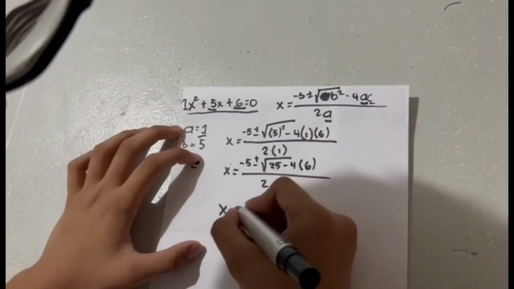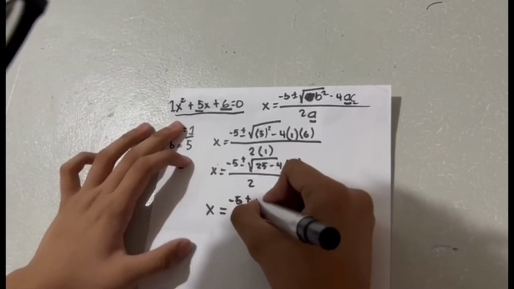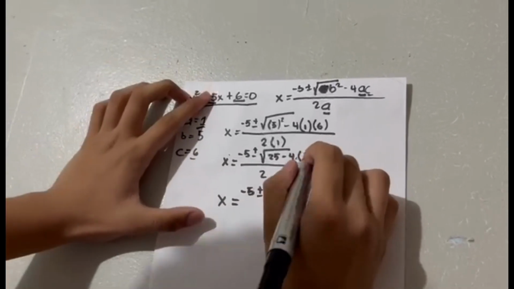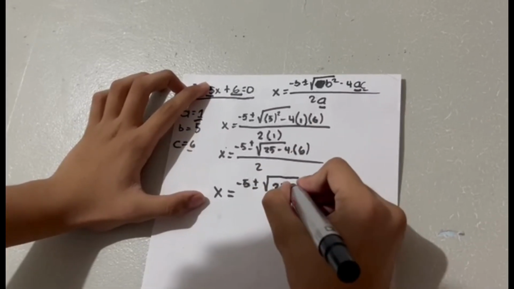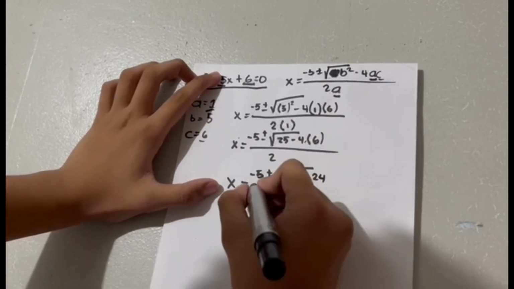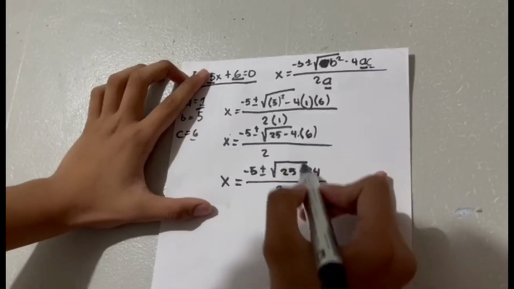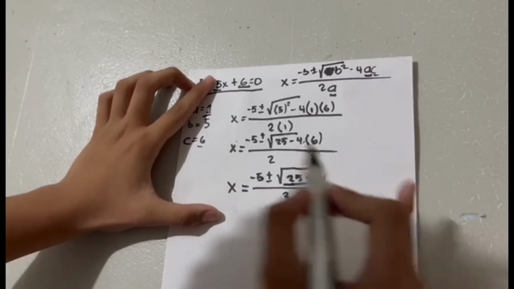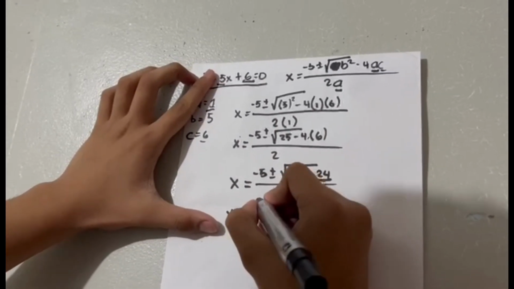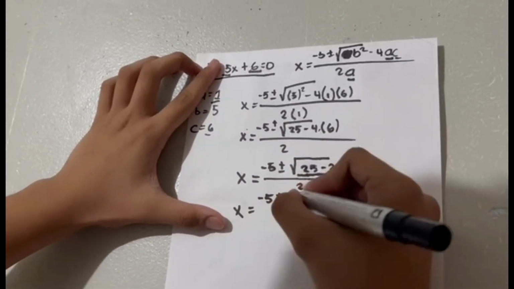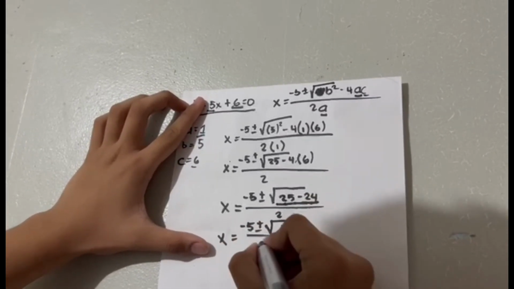Now, we solve. Negative 5 plus or minus the square root of, 4 times 6 is 24, over 2. Now, we subtract these numbers. x equals negative 5 plus or minus the square root of 1, over 2.